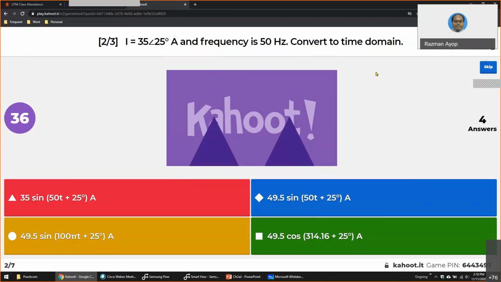Don't forget to multiply by square root 2, because you have to change back to the maximum value instead of RMS. Twenty more seconds. Ten more seconds.